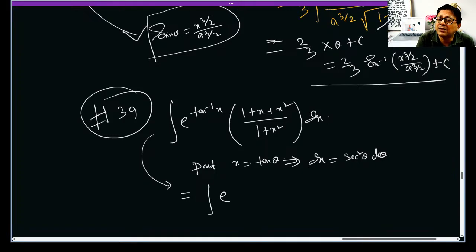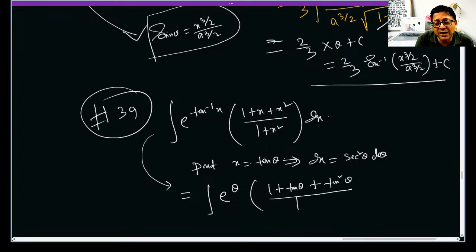Tan inverse x is what? E to the power theta, and here 1 plus tan square by 1 plus tan square. Do you find something over there?